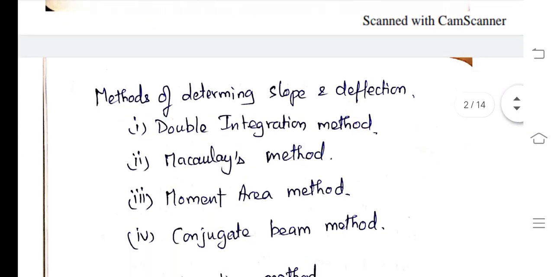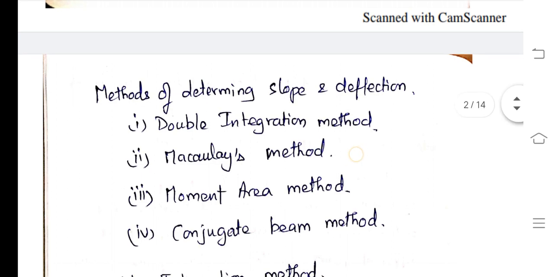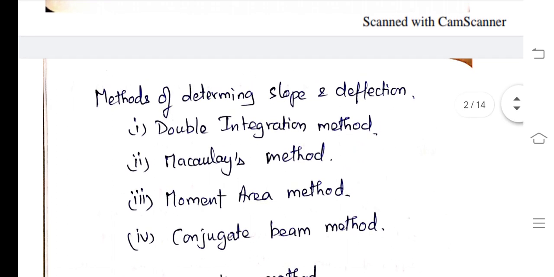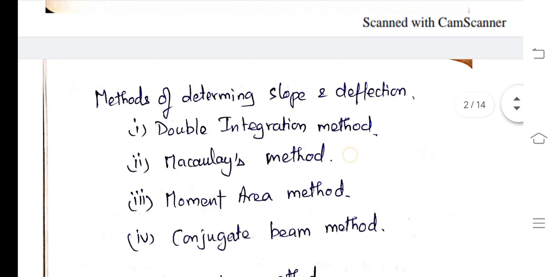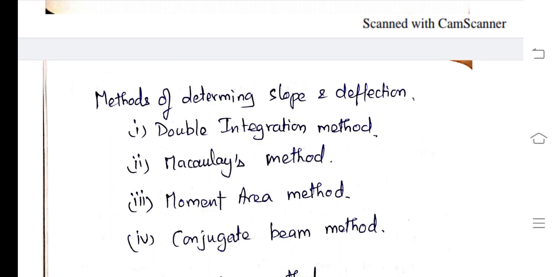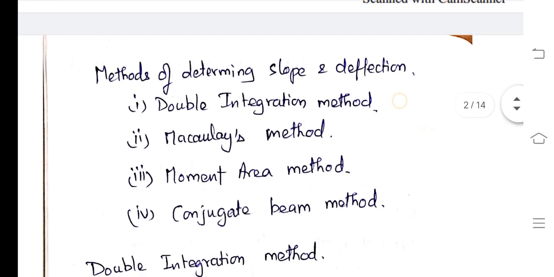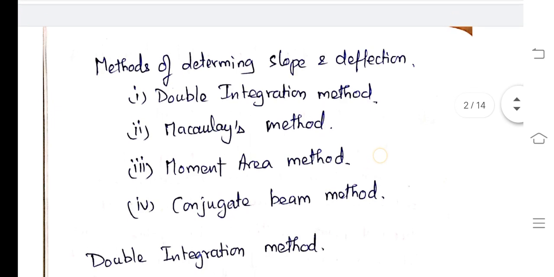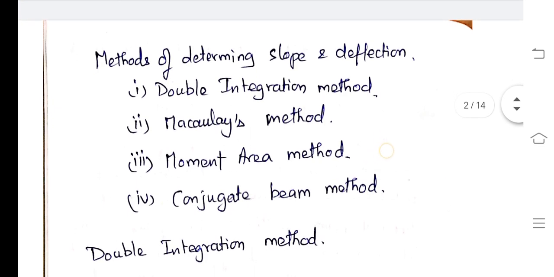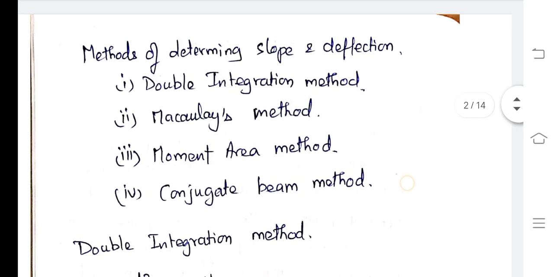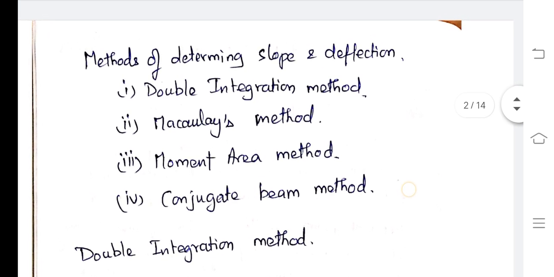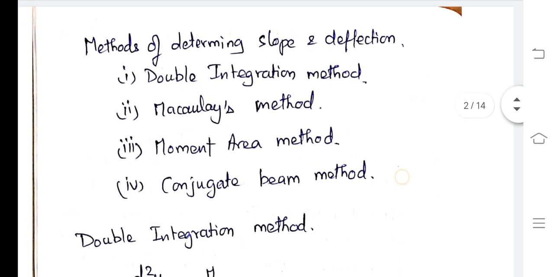So we have to find that y by integrating the equation. Macaulay's method is also similar to the double integration method, but it is more advantageous than double integration because double integration has some limitations. Moment area method is specifically for cantilever beam alone. Then the conjugate beam method is used to find out any type of beams.